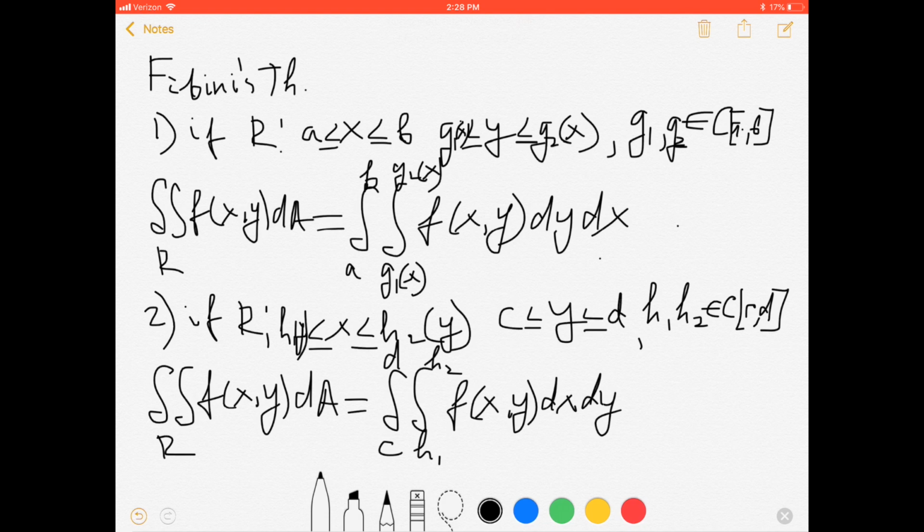This means in both situations your double integral is equal to an iterated integral. Only the order of integration depends on how you can rewrite your region. See some examples.